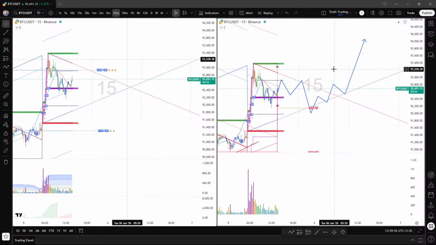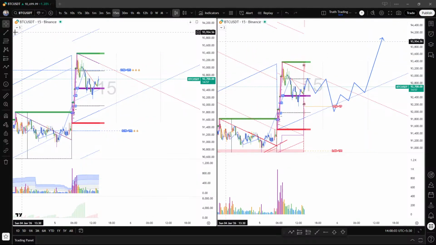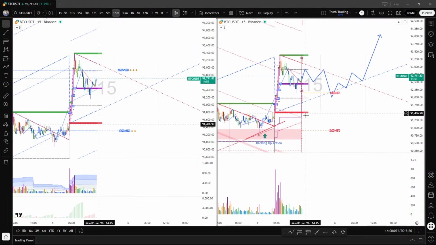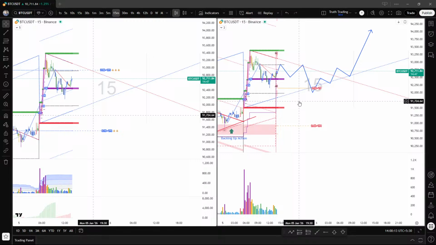So this is one scenario that could happen. Another scenario that I think might happen is we have to take this low as well.